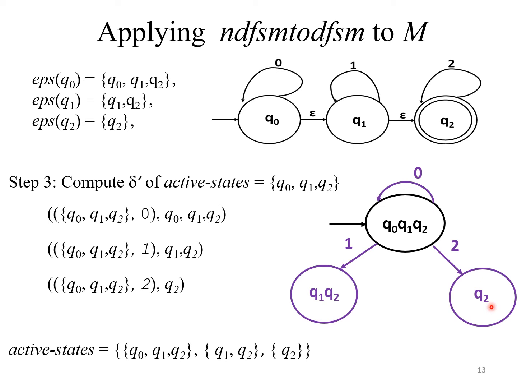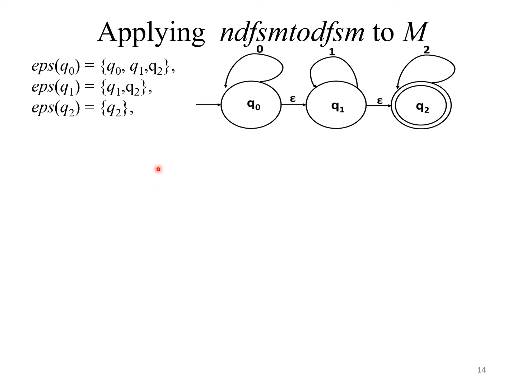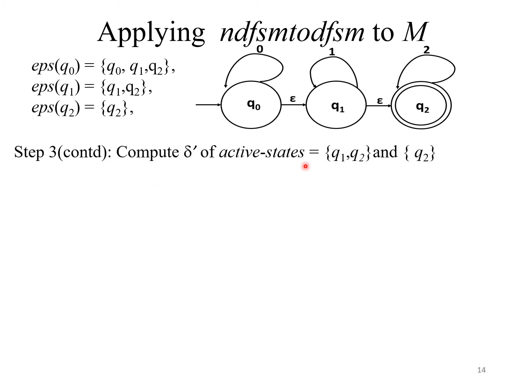So next step is to obtain the delta transitions for the other 2 active states Q1, Q2 and Q2. So let's start computing the delta transitions for the active states Q1, Q2 and Q2.